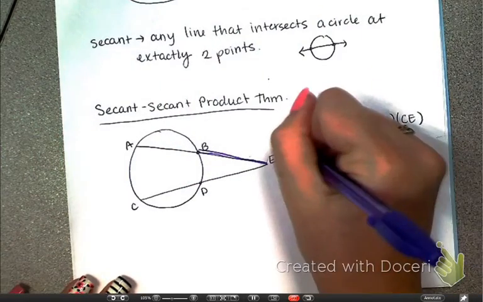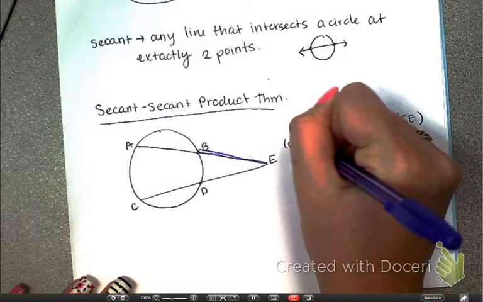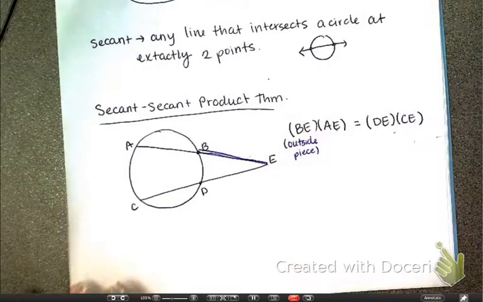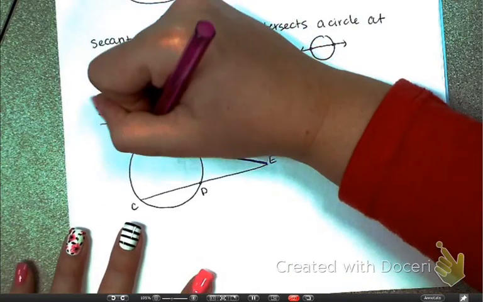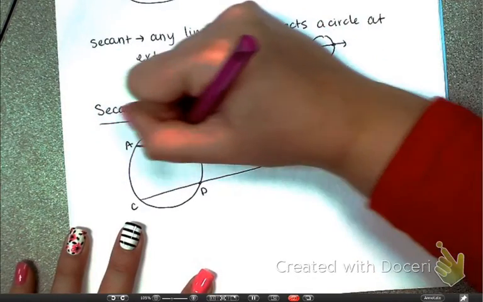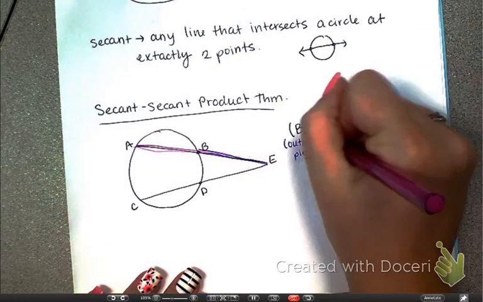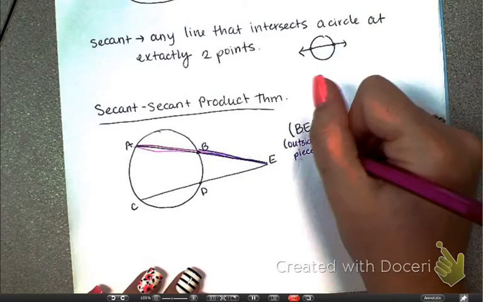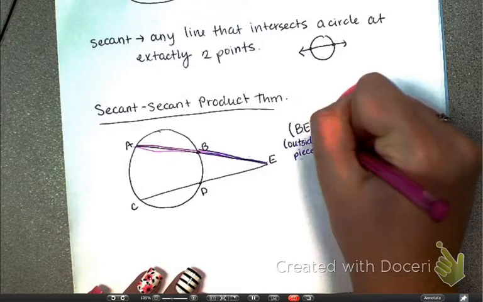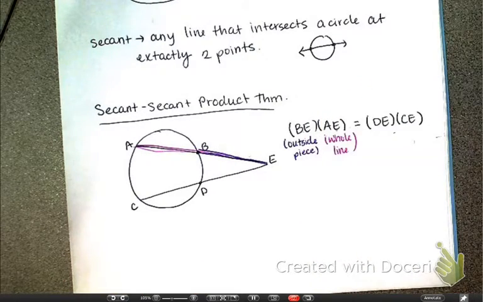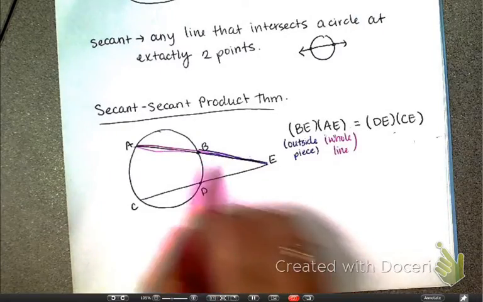So BE is my outside piece. And what's AE? It's this whole thing. Okay, so you're going to do that outside piece times the whole piece. So this is, I'll call it, the whole line. Okay, so it's the outside piece times the whole line.